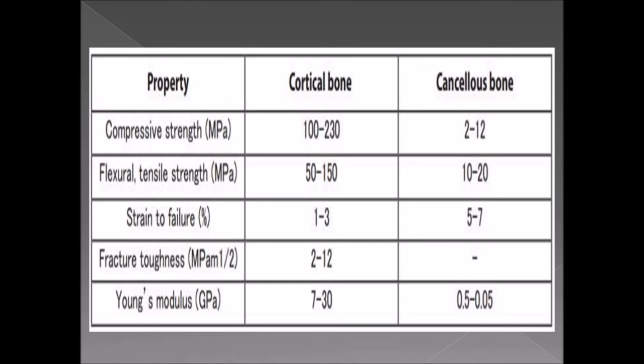So we all know that modulus of elasticity is the measure of material stiffness, that is its resistance to external loads. So what can we know from this Young's modulus? We can see that cortical bone has a high modulus of elasticity.